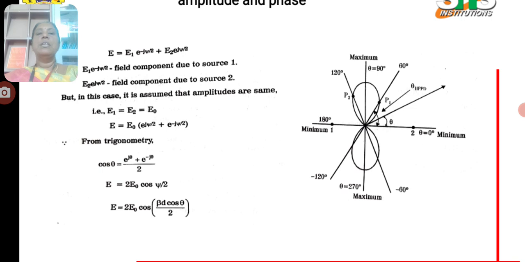So the total field E is equal to E0 times, within brackets, e power j psi by 2 plus e power minus j psi by 2. Substituting the cos psi by 2 formula, the total field finally is E equals 2 E0 cos of beta d cos theta by 2.